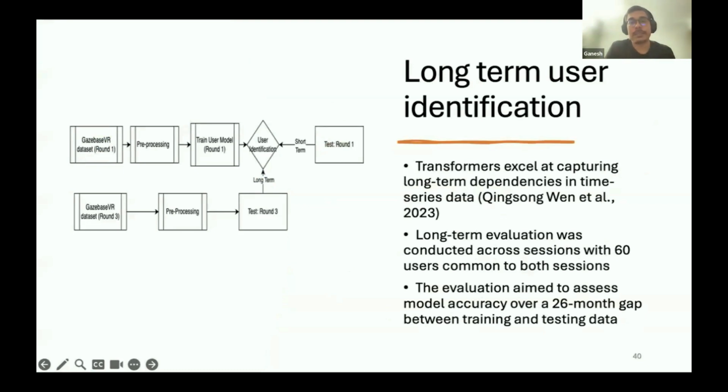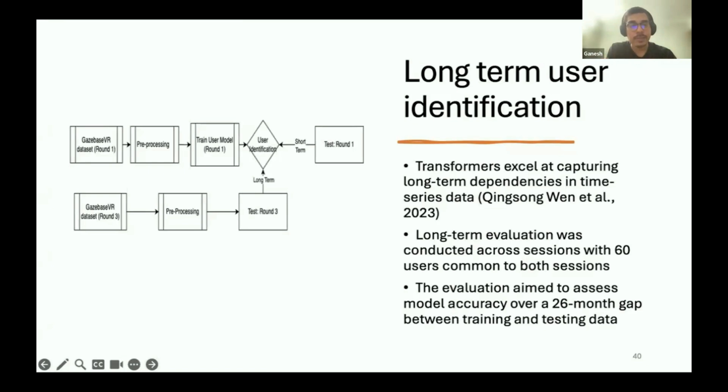Long-term user identification is basically we try to identify a user using a 26 months period of gap. We want to test a user by collecting the user's data from this day and then testing the user after 26 months.